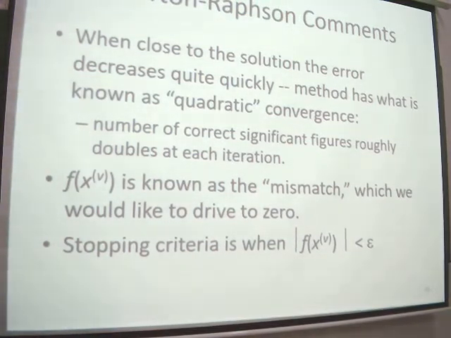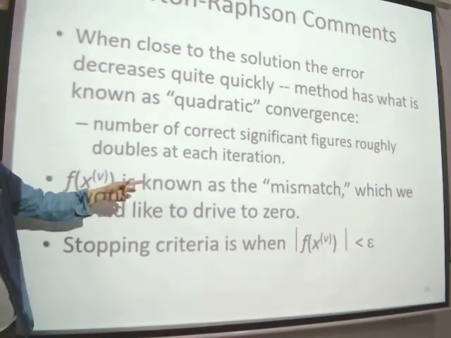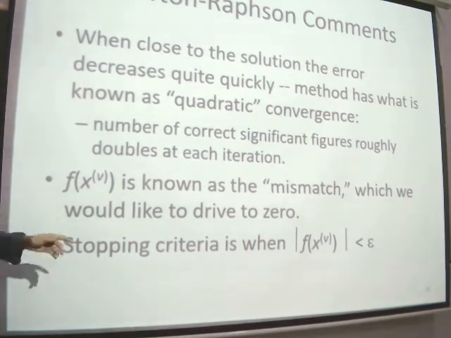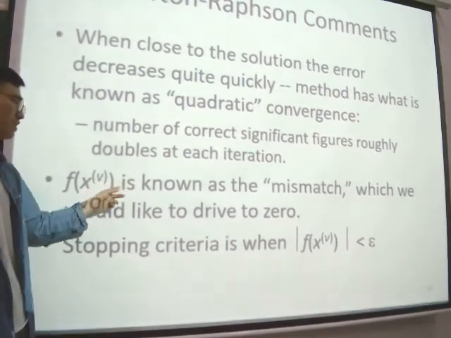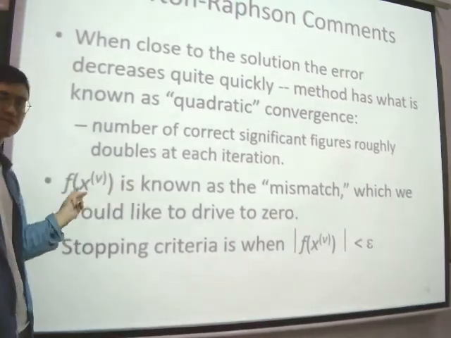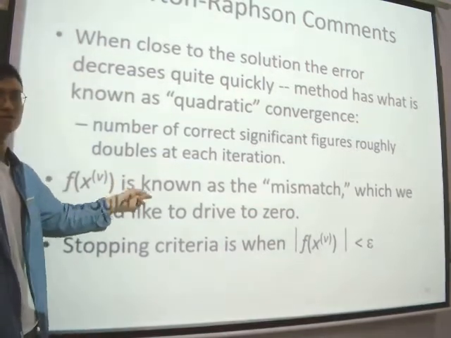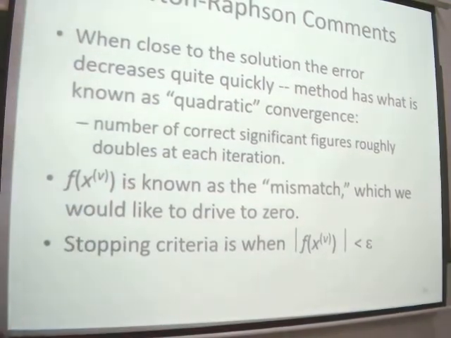Then f(x3) is what we want to drive to zero, because our target is to solve this function when it is equal to zero, right?